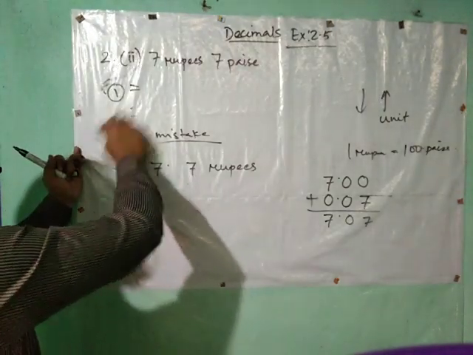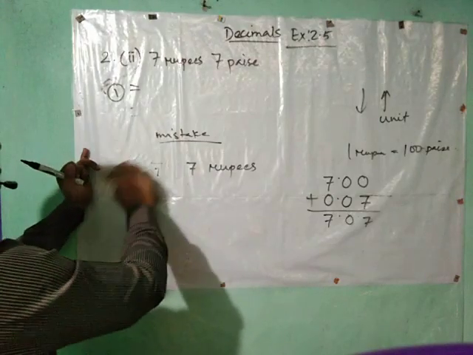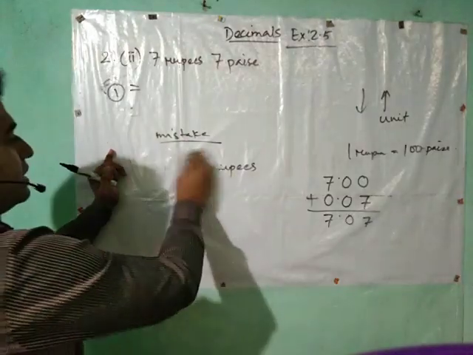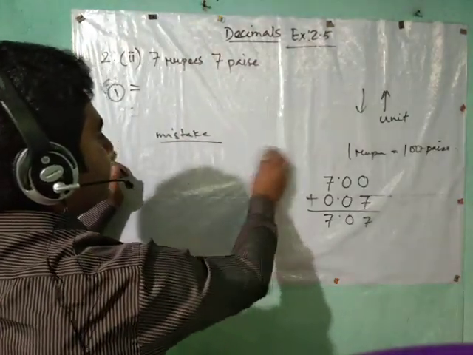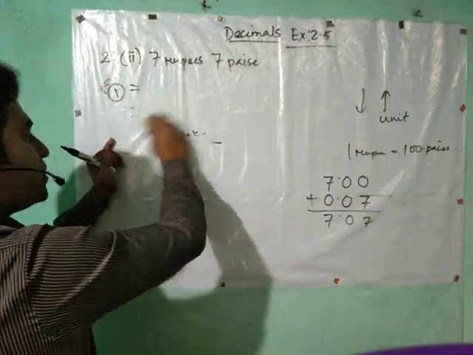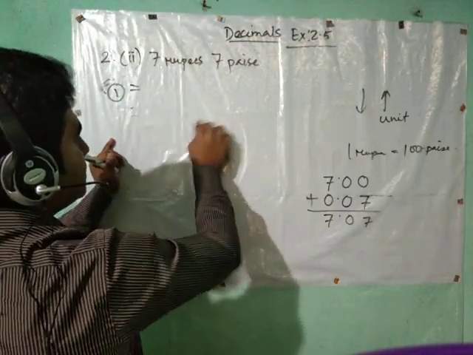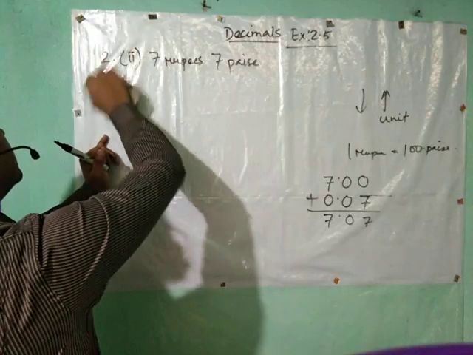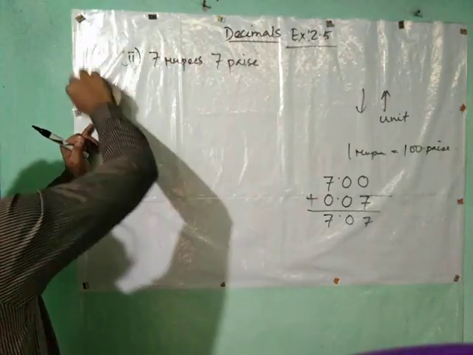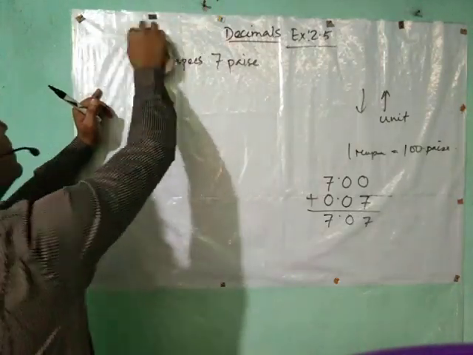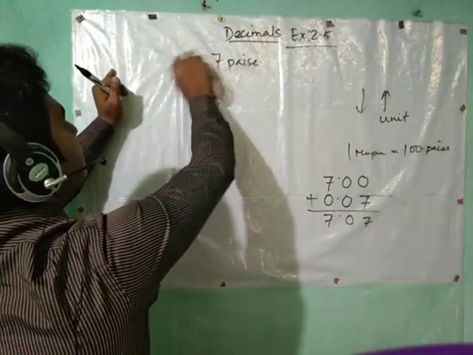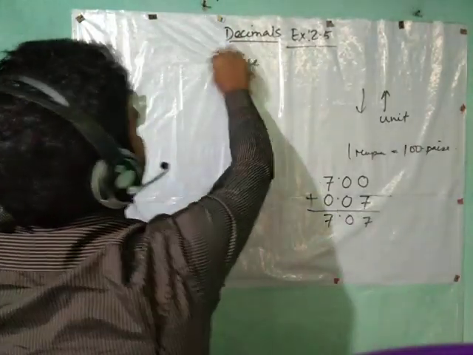So please avoid short techniques. Sometimes it is needed, and I will make you aware where you need to skip steps, because this is not the stage where you need to skip the steps. You should show the steps so that you get a clear idea, a clear concept regarding every single topic.